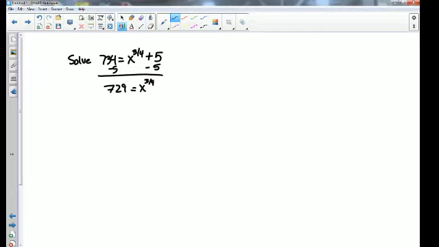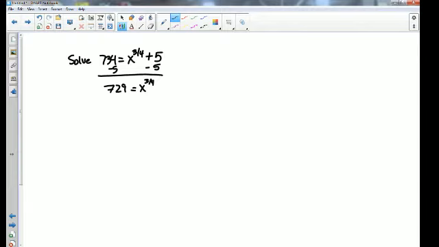Is it the fourth root of 9? I'm guessing. No. So how would I solve this now? Cubed. It is the cube root, you're right.